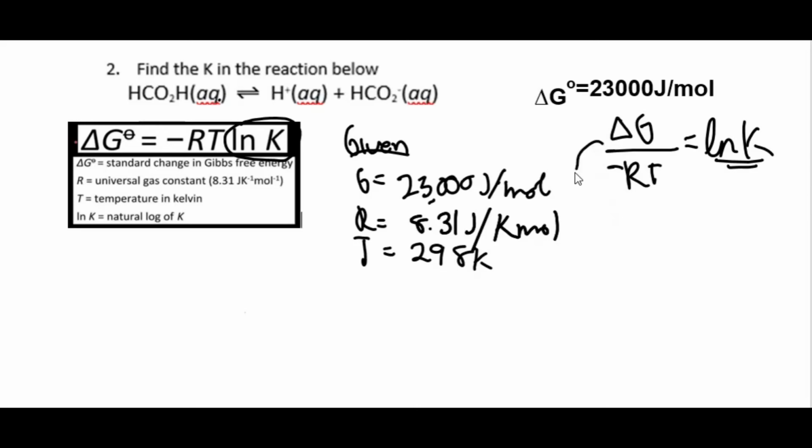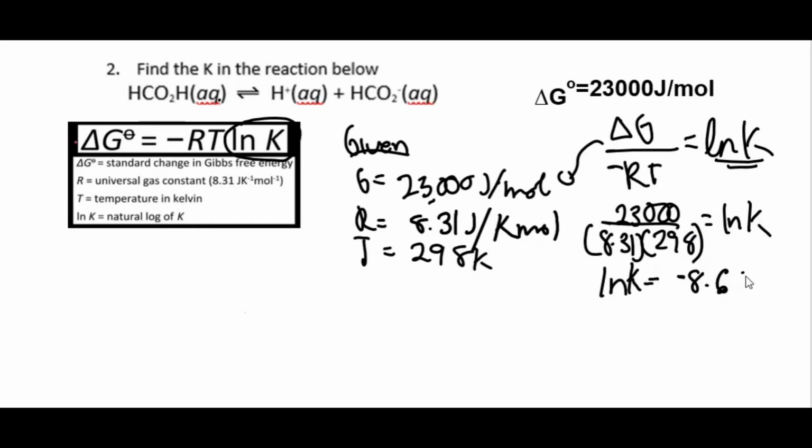So let's substitute the values. 223,000 joules per mole over 8.31 and 298 equals ln K. So we have ln K equals negative 90.60.